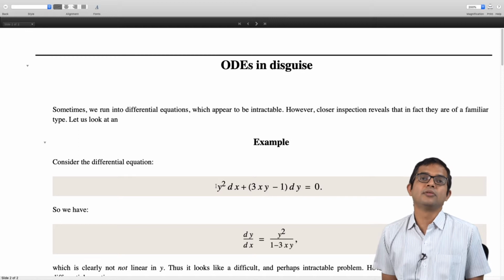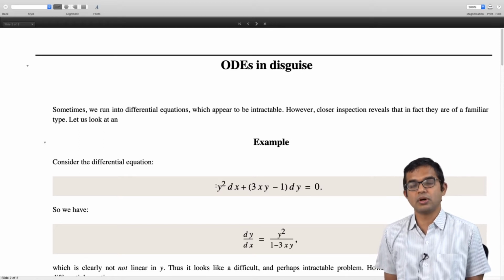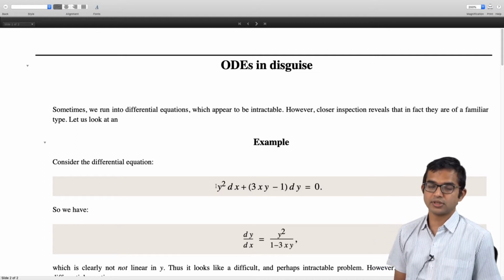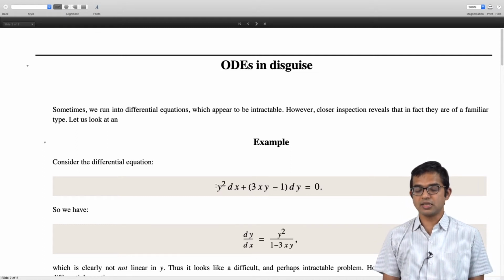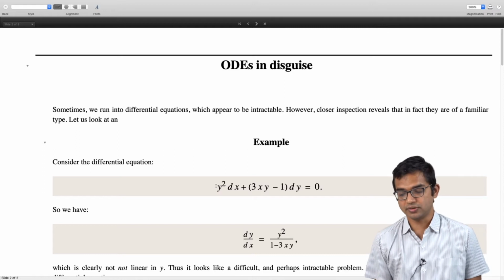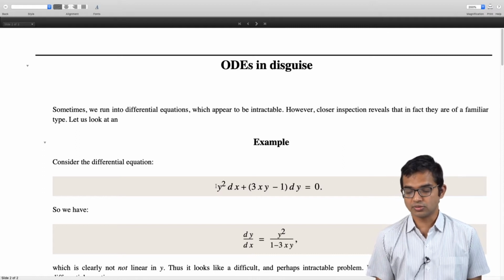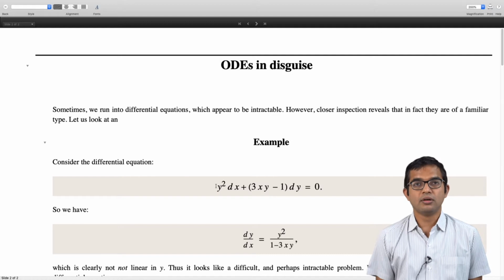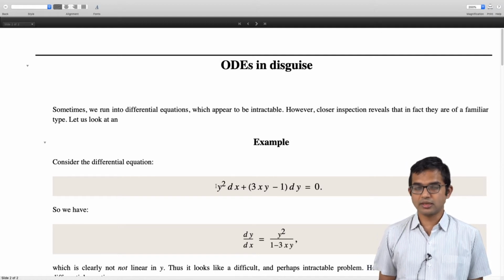Clearly this is a first order differential equation. The highest order of the derivative is just 1, dy by dx. Therefore it's a first order differential equation, but we see that it's a nonlinear differential equation. Because of this appearance of y squared, and the complicated function of y on the right hand side, it looks like this is a hard problem, perhaps an intractable problem.